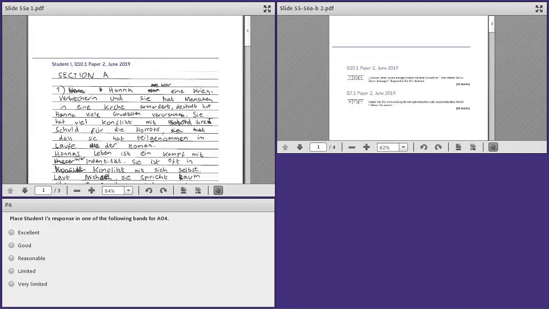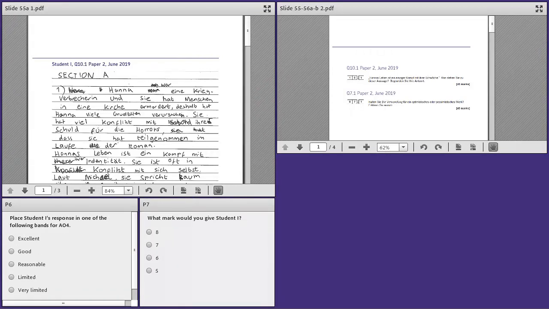Well, that one was placed in the limited band. So what I would like, Miroslava, if you would bring up the next poll, if you'd now like to poll where you think you would have put it within that band. Okay, so you've got a range of marks between 8 and 5. So just a minute or so to do that. I'm conscious of time.